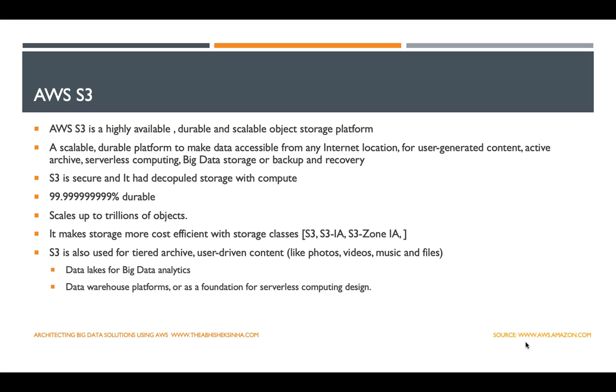You can actually move your data from S3 Standard to S3 IA, or maybe then to Glacier, which is another storage service from Amazon Web Services. So S3 is also used for tiered archiving. You can create your rules, and based on the number of days, the data should move from one storage class to another storage class, or maybe to another service, which is Amazon Glacier.